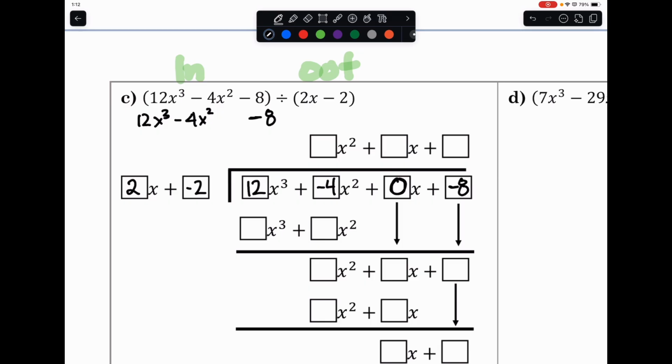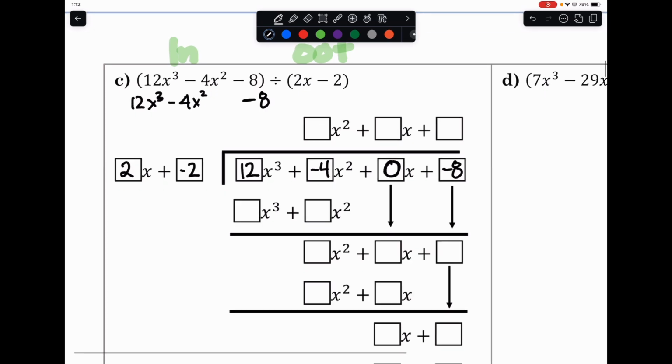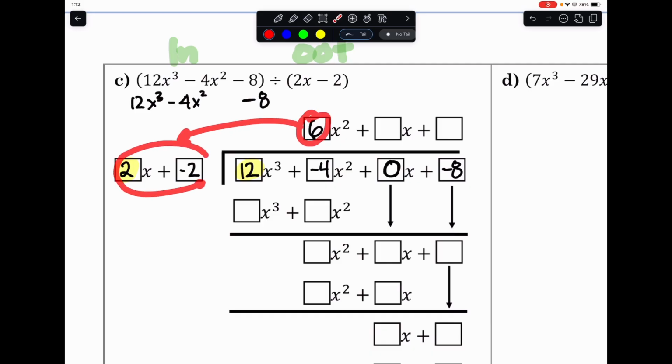So now let's figure out what the quotient is. So we'll do the exact same thing. Start by looking at the leading coefficient of our dividend and the leading coefficient of our divisor and divide those two numbers. So 12 divided by 2, well, that's simply 6. And we'll multiply that 6 with both of these values to get this line right there. So 6 times 2 is 12, and 6 times negative 2 is negative 12.